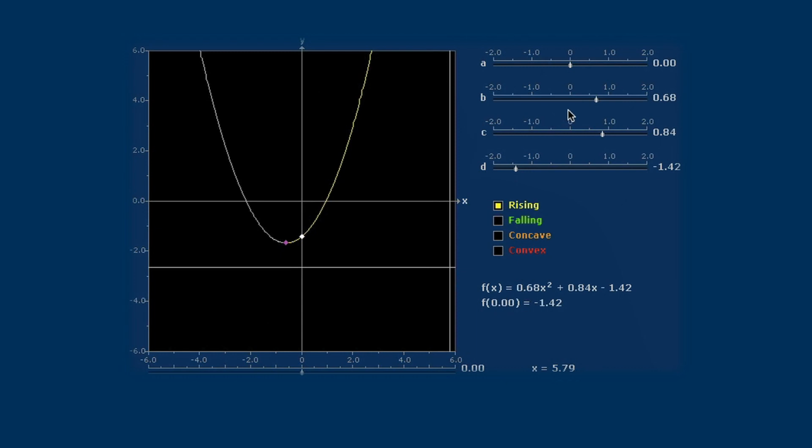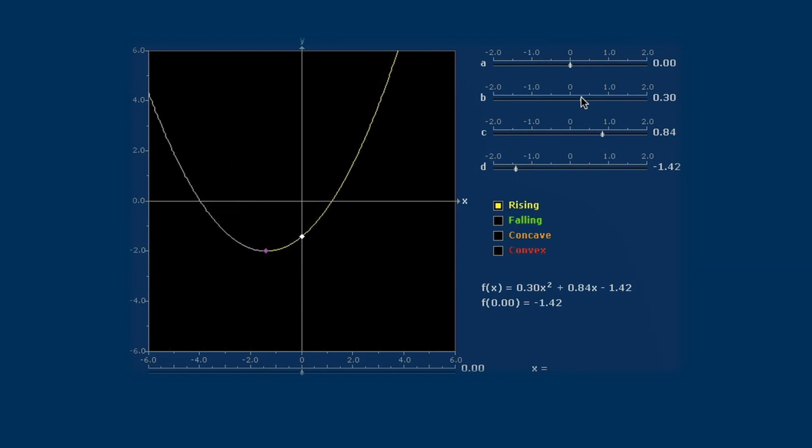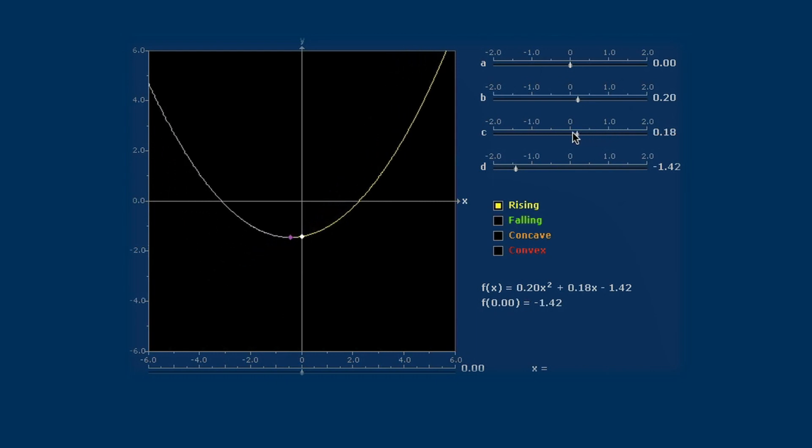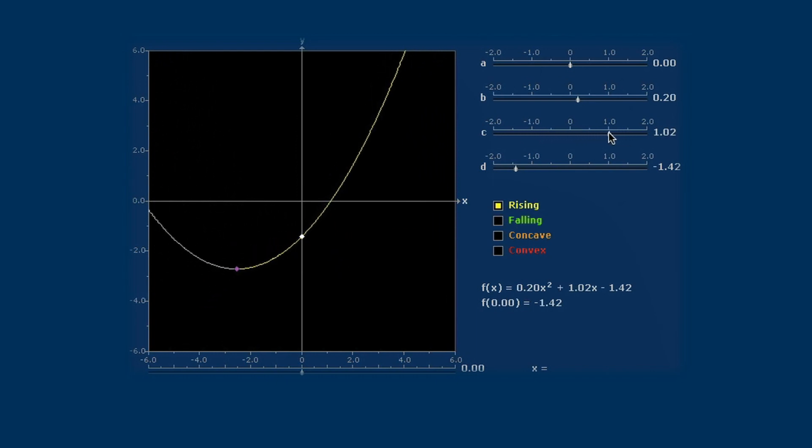Let's test that out. I'm going to make b smaller. That'll make the parabola fatter, right? Now I'm going to change c, and the prediction is it's going to move much more. And it does. It moves much more dramatically because there's that b in the denominator of the formula.